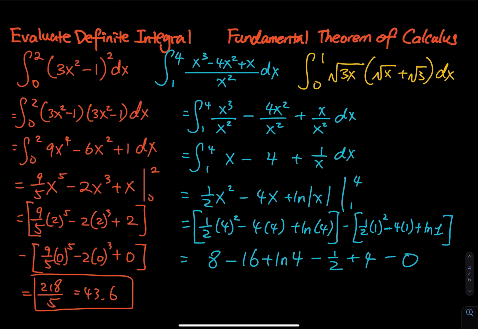So we have 8 minus 16, and then you add 4 to it, so that is equal to negative 4, and then you have negative 4 minus 1/2, and then you add ln 4. So what is that equal to? Negative 8 minus 1 is negative 9 over 2, and then plus ln 4.